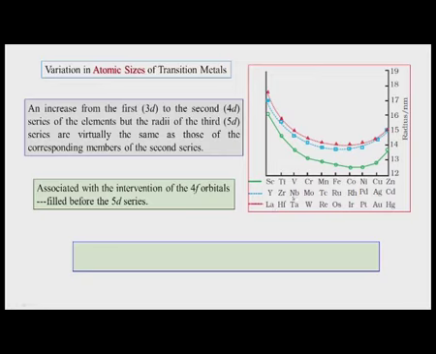So, why are these two so close? We see the jump from here to here, but we do not see any jump from here to here. This is because of putting the 4f orbitals or the lanthanoids in between, and when we give the corresponding electrons, the associated intervention of these 4f orbitals will be there.